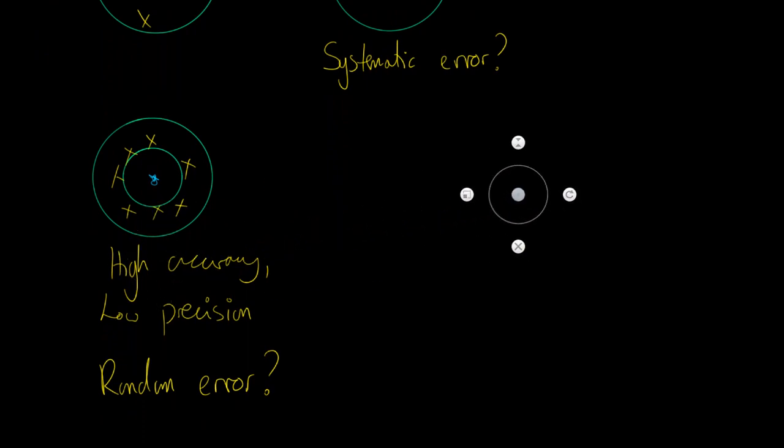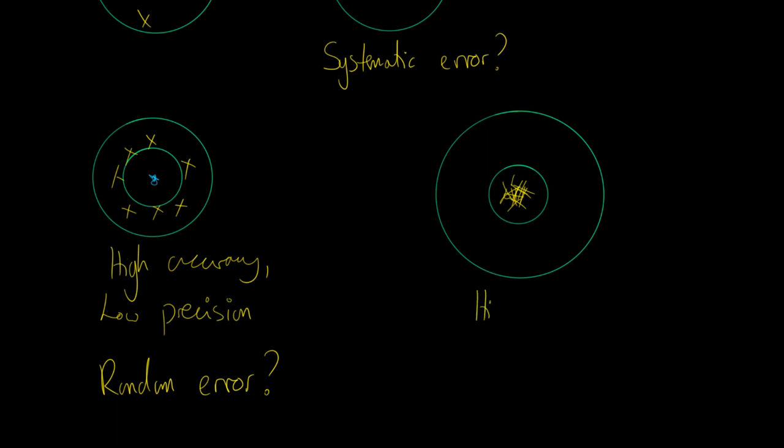And then finally, there's the gold standard. I'll draw the very last one then. If you do your archery or dart throwing, and all of your darts and arrows land in the center, then you are talking about an experiment with high accuracy and high precision.